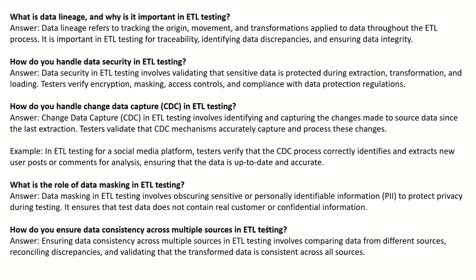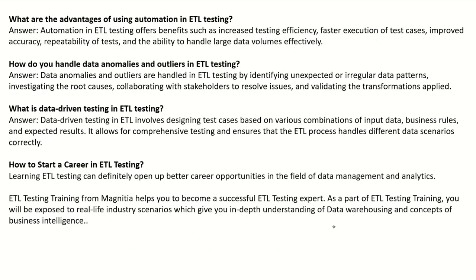So next question is how do you ensure data consistency across multiple sources in ETL testing? Ensuring data consistency across multiple sources involves comparing data from different sources, reconciling discrepancies, and validating that the transformed data is consistent across all sources.